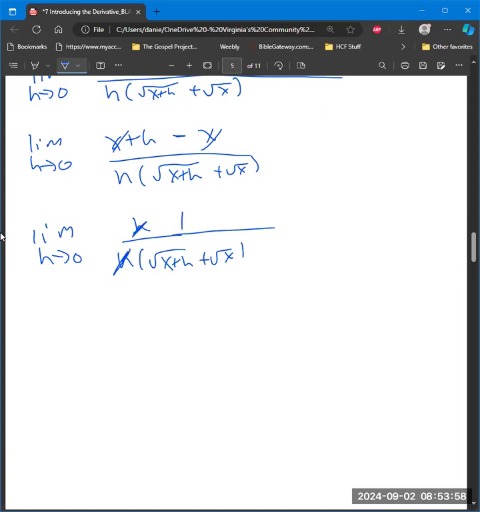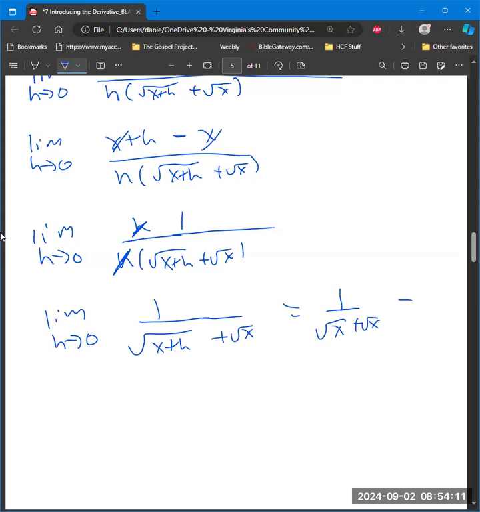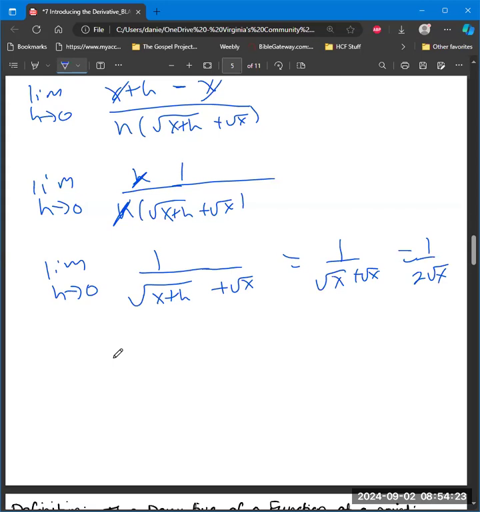And you have the limit as h goes to 0 of 1 over root x plus h plus root x, which is 1 over root x plus root x, which is 1 over 2 root x. And I don't think that you need to bother to simplify that at all unless your instructor tells you to rationalize that denominator when you're done.